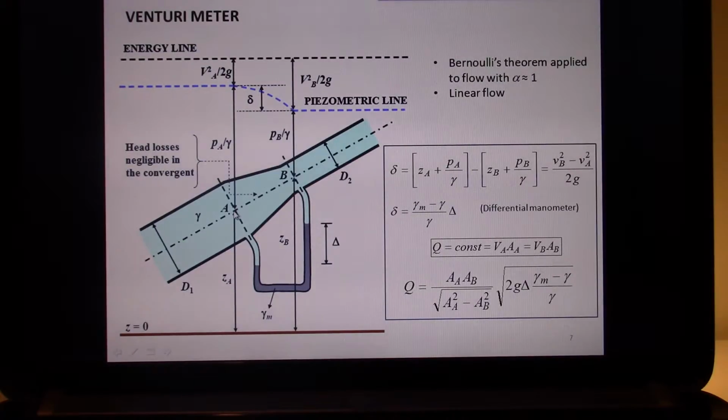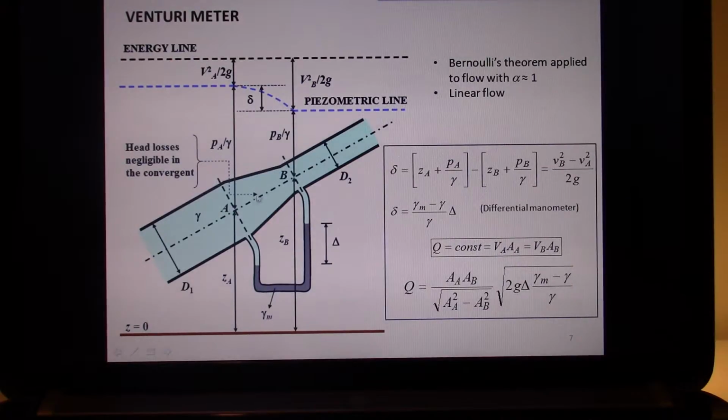So basically, from the reading of this instrument, you can directly know the difference of piezometric line between section number 1 or section A and section number 2 or section B. So basically, from capital delta you can find delta, the difference of the piezometric line.